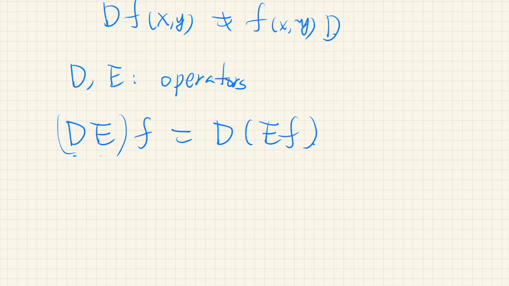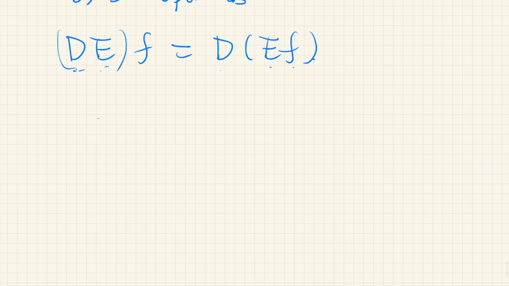So first we apply e, then we apply d to the result. So this is the definition of the product between two differential operators. For example, we have this partial differential operator, and let's say d and e are both this one.